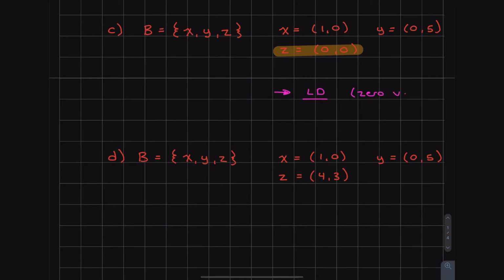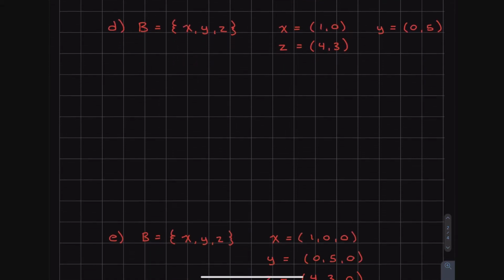Any set of vectors that contains the 0 vector is going to be linearly dependent. That's a little bit of a trick to help you save some midterm time. So since we see that z is 0, 0, we can conclude right away this is linearly dependent.